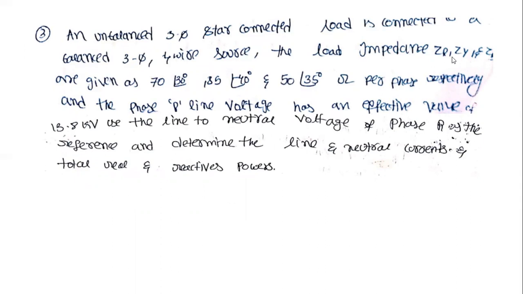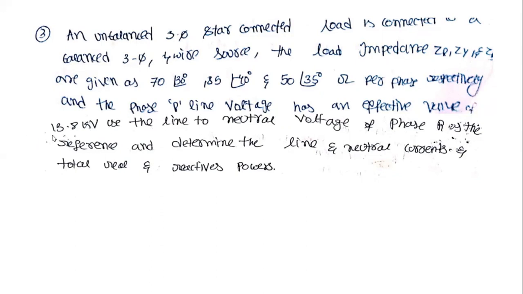Therefore, the load impedances, that is ZR, ZY, and ZB, are given as 70 at an angle of 30 degrees, 85 at an angle of minus 40 degrees, and 50 at an angle of 35 degrees ohm per phase respectively.